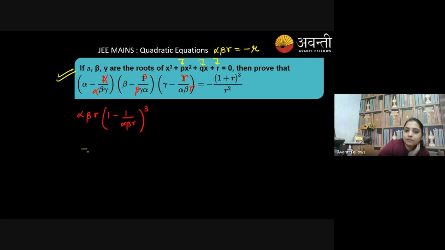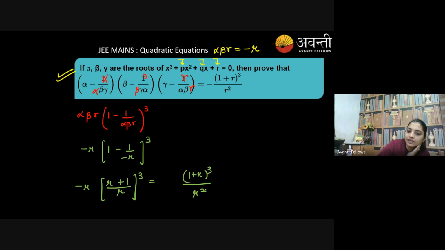So minus r into 1 minus 1 upon minus r raised to power 3. It means minus r minus 1, r plus 1 divided by r whole power 3. It means 1 plus r whole cube divided by r square, and negative is outside. So this only I need to prove. Quite easy. Clear?